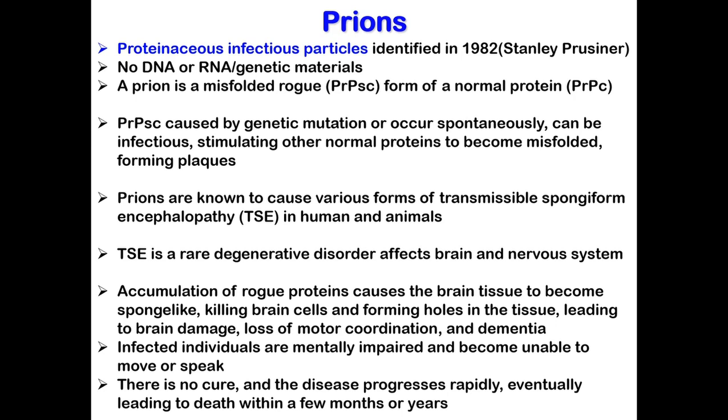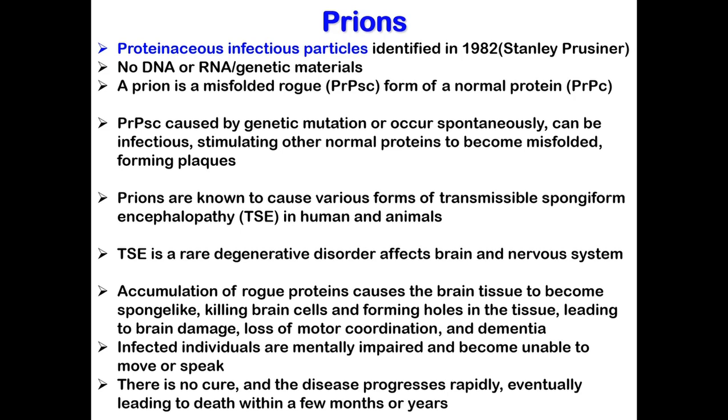Prions consist of abnormally folded proteins that induce normal forms of the protein to fold abnormally. This group of diseases includes Scrapie, Kuru, Creutzfeldt-Jakob disease, and variant Creutzfeldt-Jakob disease.